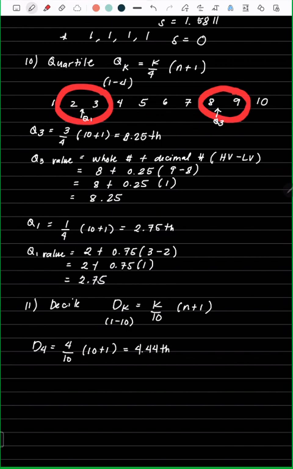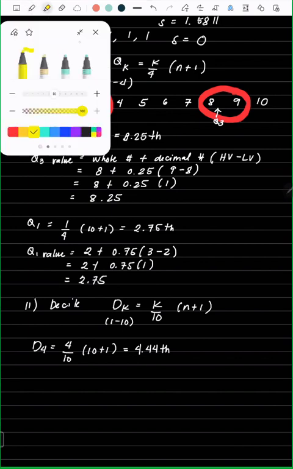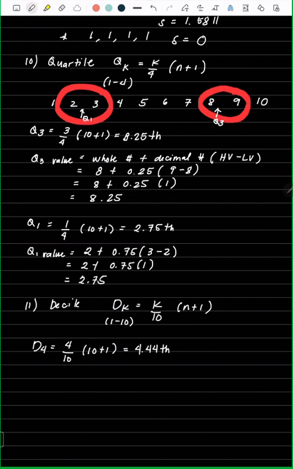Okay, same data. What if I solve D4? Following the formula, 4 over 10 times 10 plus 1, that would be 4.4.